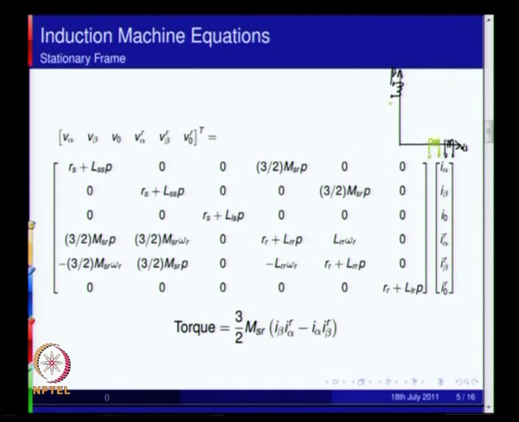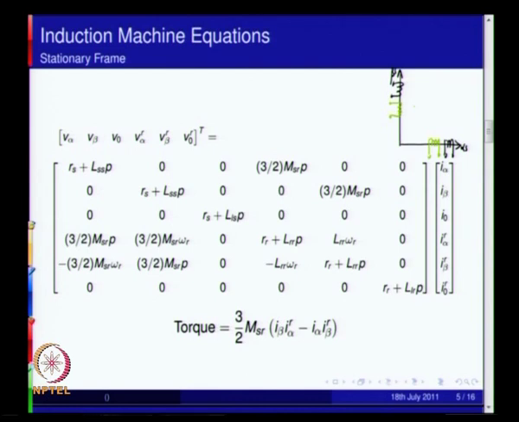The rotor coils are pseudo stationary coils, that means actual coils are rotating, but the same MMF will be produced by imagining these two coils to be stationary and a suitable current therefore flows through that.